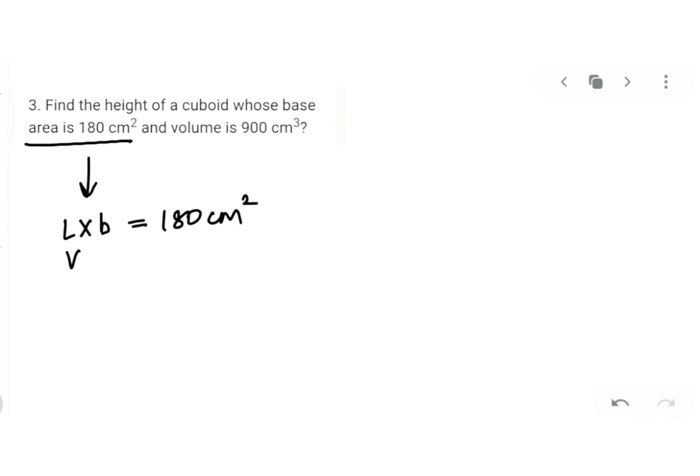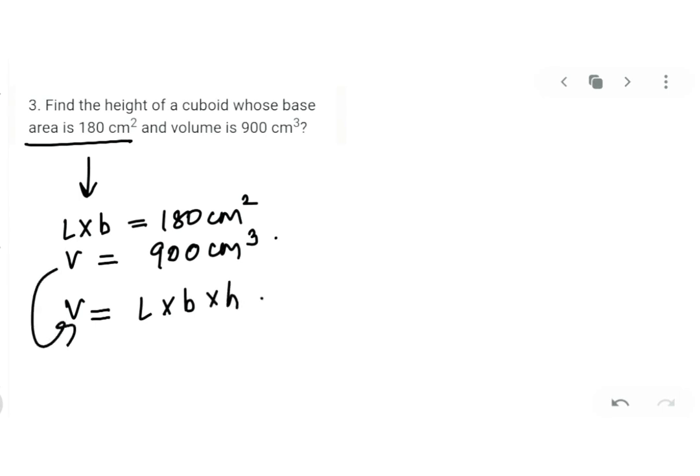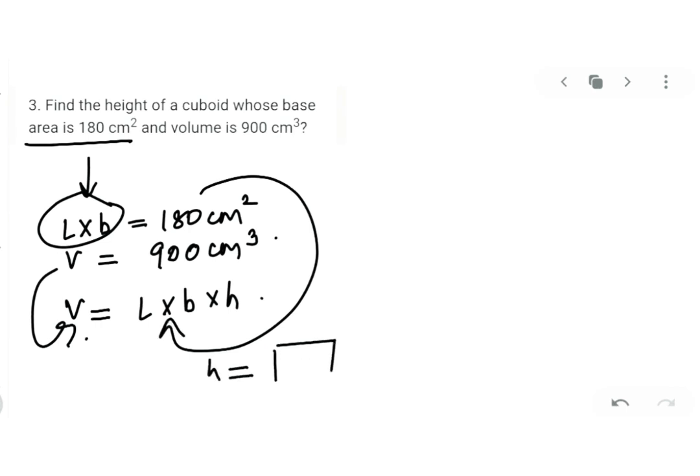And what is volume given? Volume is given as 900 centimeter cube. We know the volume formula of a cuboid. Yes? Perfect. Now put the value of volume, put the value of length and breadth, and can you not find height from it? Yes, perfect.